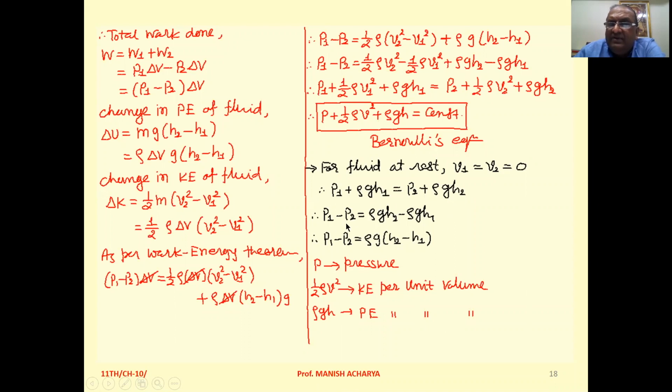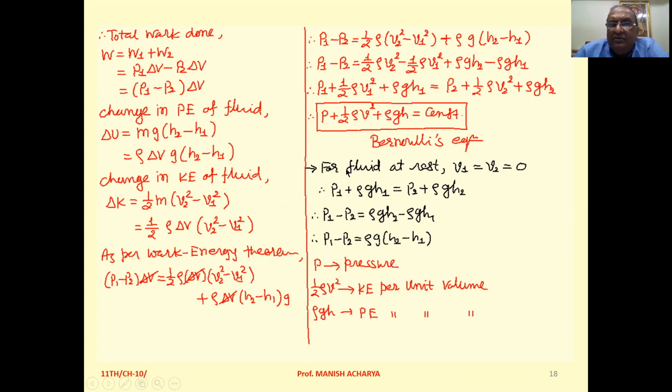So P1 minus P2 is rho g H2 minus rho g H1, that is, P1 minus P2 equals rho g (H2 minus H1). So you can find the pressure difference between two points in a fluid at rest, which are at a height difference of H2 minus H1.